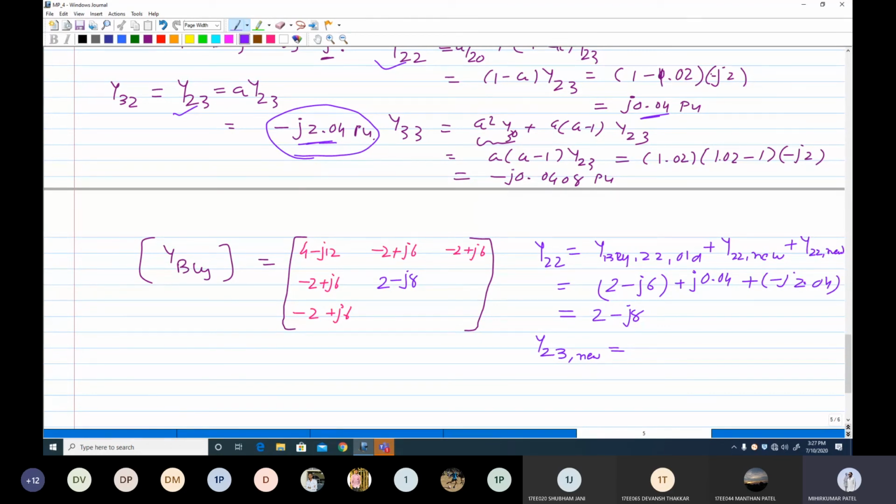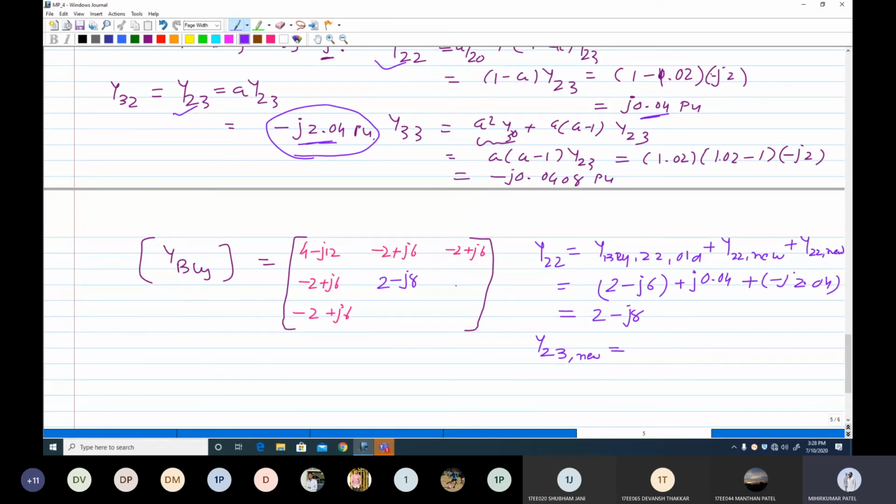What is the condition to substitute in this final matrix? Who will give the answer for the value of element 2,3, or we can say 2,3 new? Yes, we have to add the transfer admittance 2,3. Previously it is 0, but you have calculated over here, and the value of 2,3 is minus j2.04 per unit.